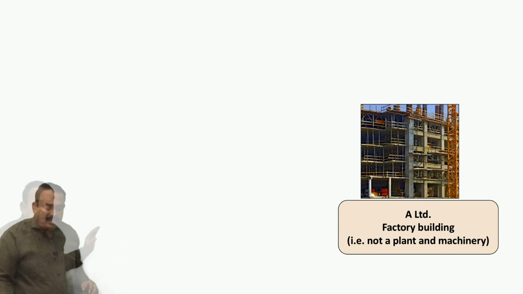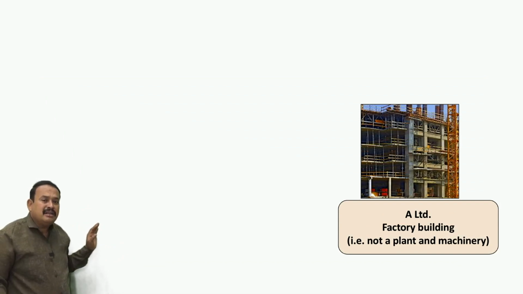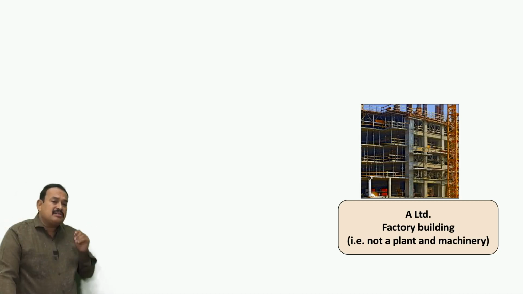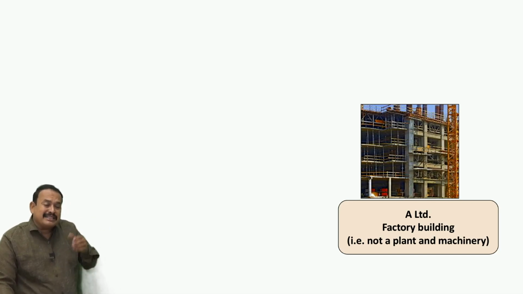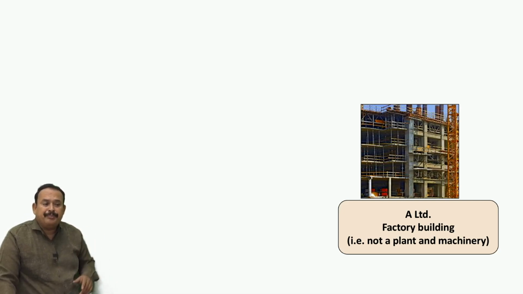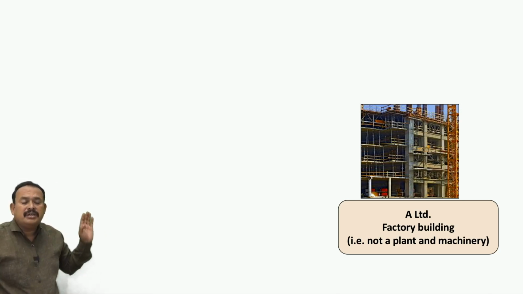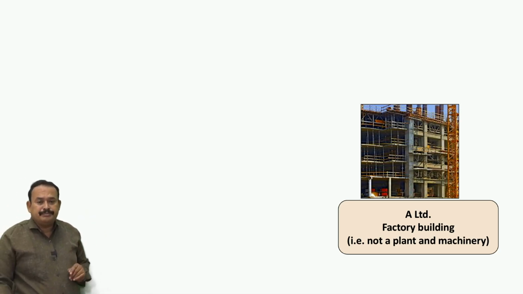This is none other than a particular immovable property which is under construction. This particular property owned by A Limited for their own factory, the building which is upcoming, is an immovable property, a civil structure, therefore not plant and machinery.